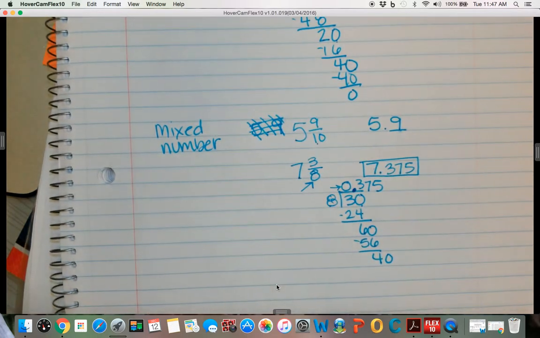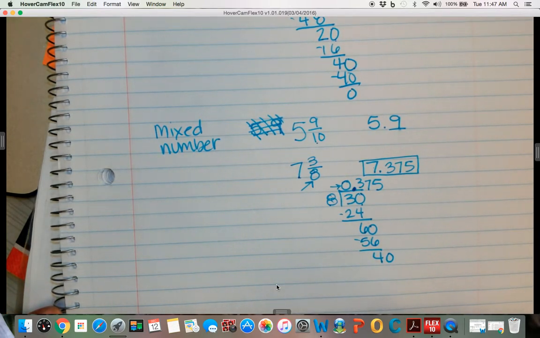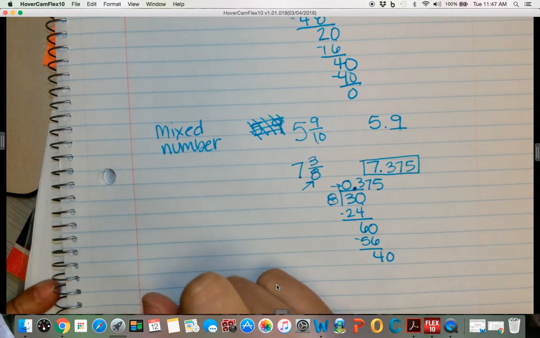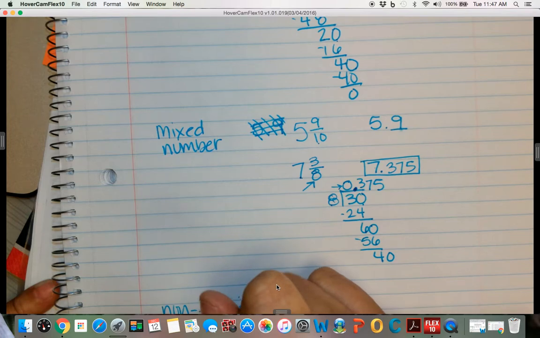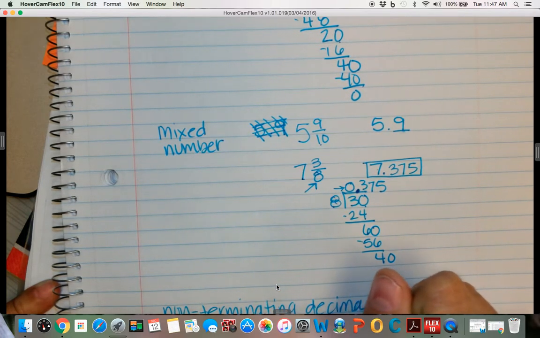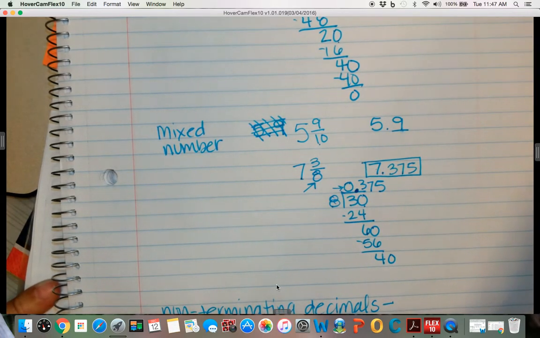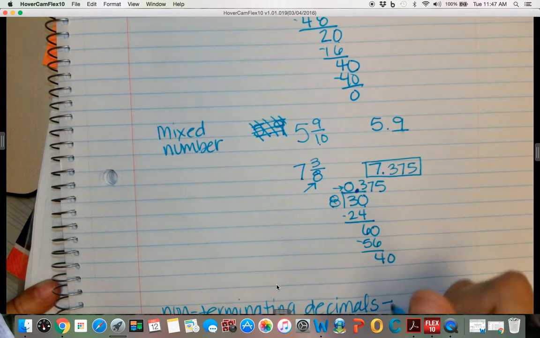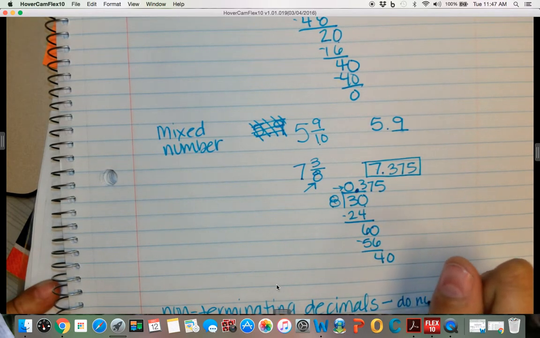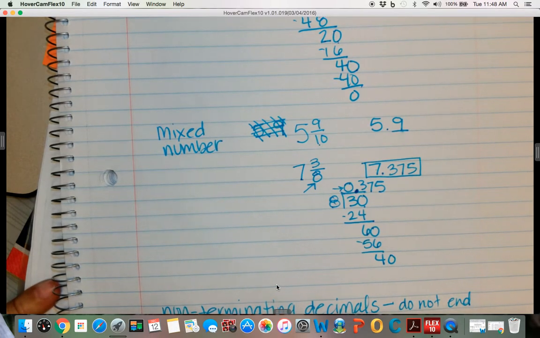Some decimals are called non-terminating decimals. Those non-terminating decimals mean that they do not end. You can keep repeating and dividing forever.